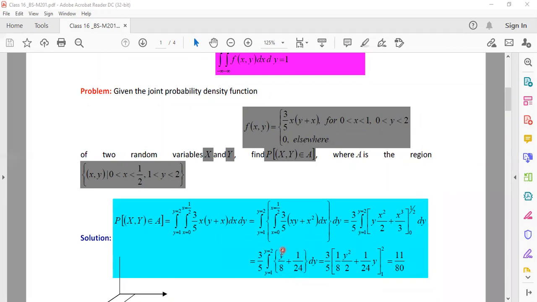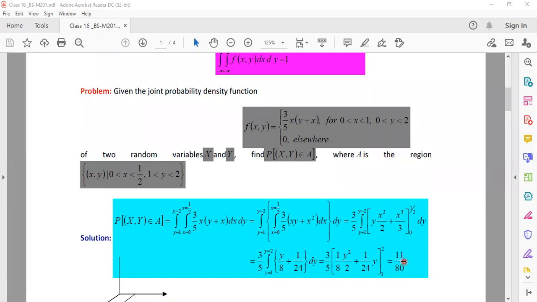The expression you get is in terms of y only, because the x value has already been put in. Ultimately, you get a function of the single variable y, and then you can integrate it once again with respect to y to get the final result.